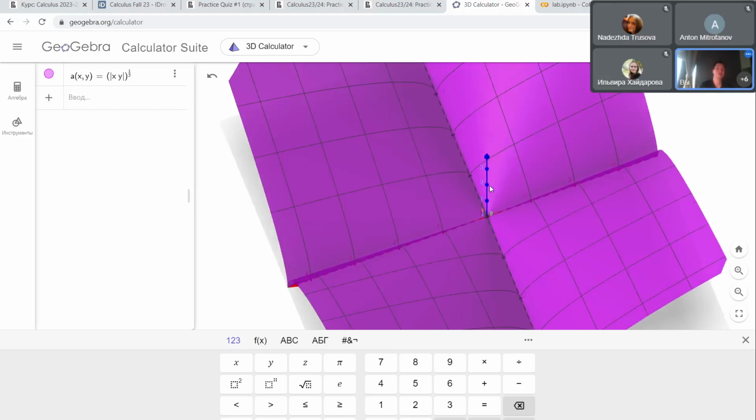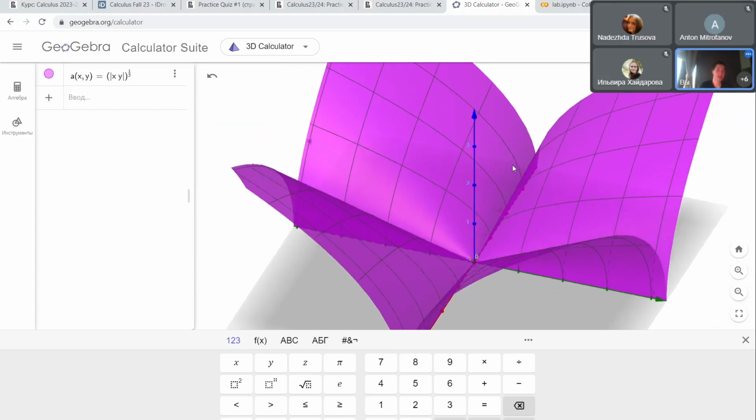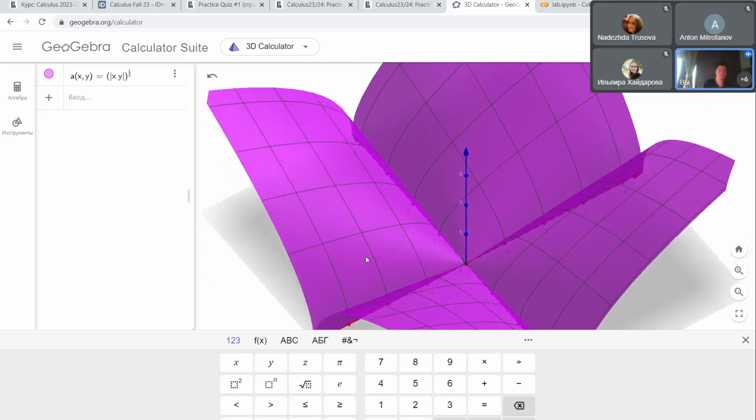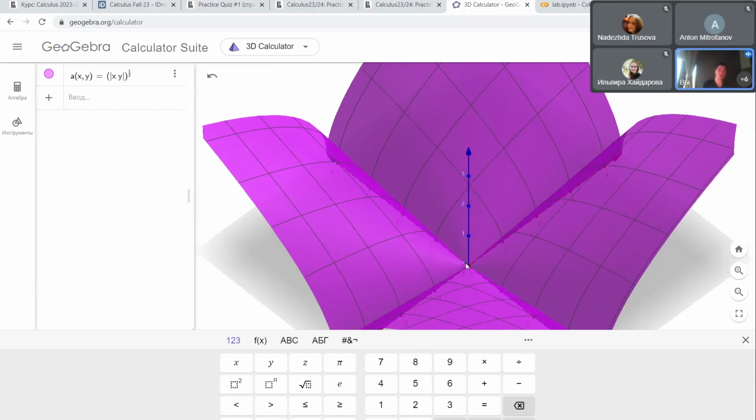Okay. But here we can see that the speed of change in the x direction or y direction equals 0. It's easy to see that its value at the point 0 is 0, and in this direction the speed of change is 0.